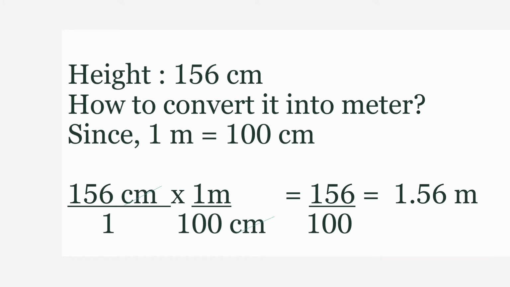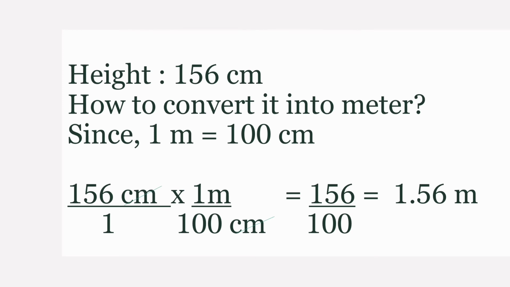Let us first cancel the same unit: centimeter in 156 and centimeter in 100. Then multiply the fractions. 156 times 1 is equal to 156 and 1 times 100 is equal to 100. So we have the answer 1.56 meters, since the remaining unit is meter.